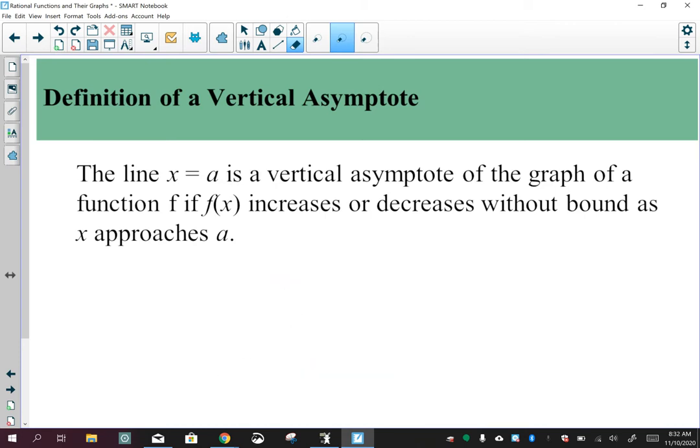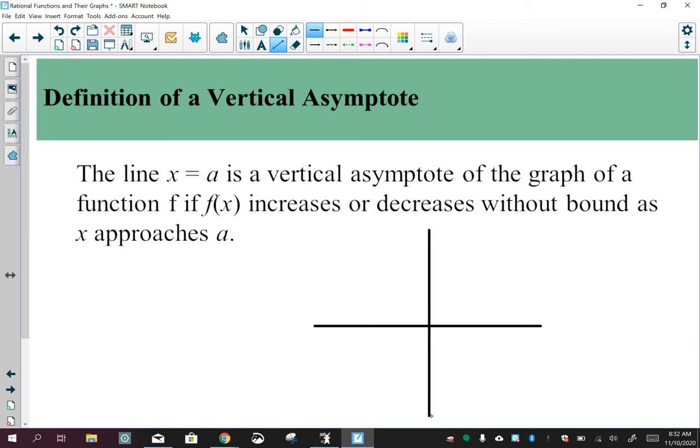When you're looking at specific graphs, I want to show you this as well. If you have a graph and let's say we have this function that's going to run up the y-axis. It runs up this way and it runs up this way.